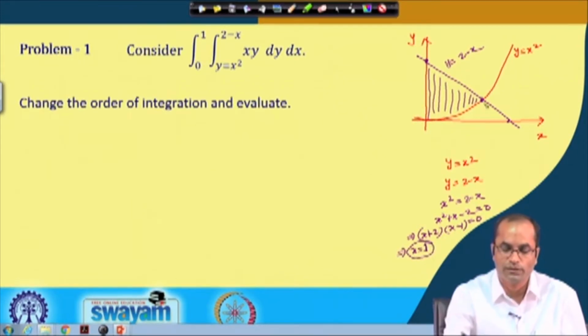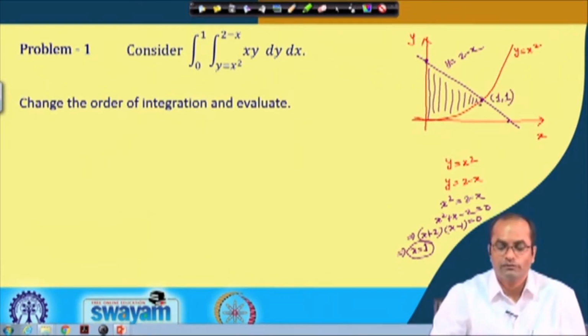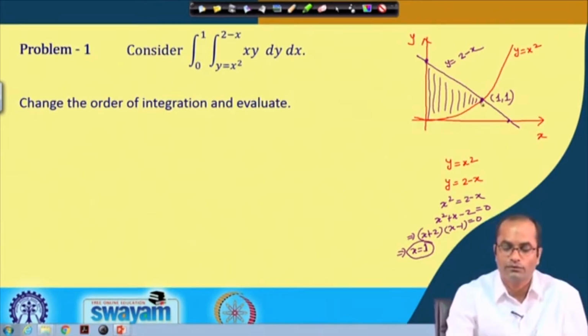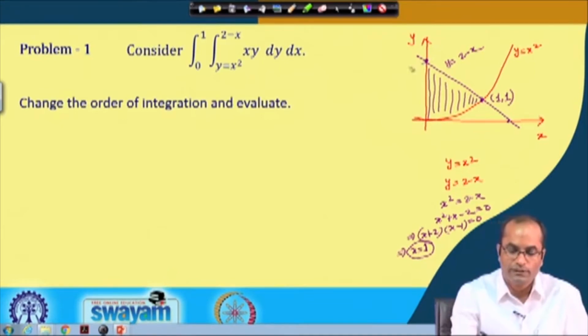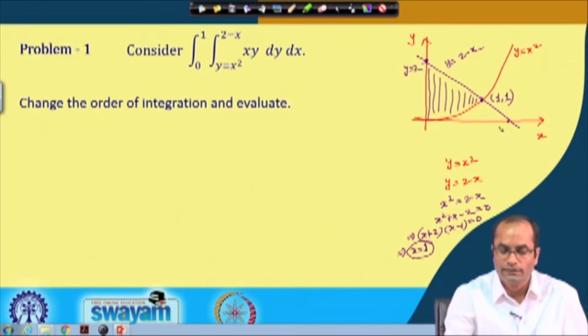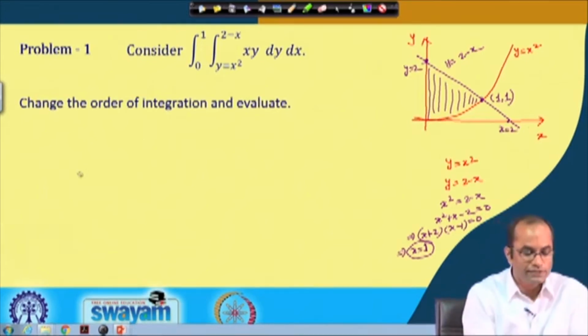So, x is equal to 1 and y will also be 1. So, the point of intersection here is (1, 1), and at this point the value of y is 2. So, y is 2, and here x will be 2 and y is 0. So, we have all the coordinates, we can change the order now.